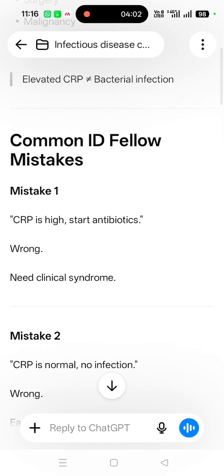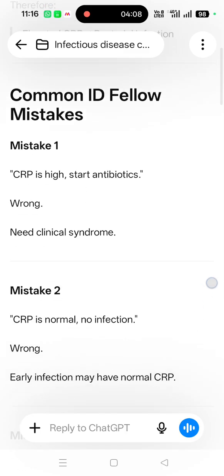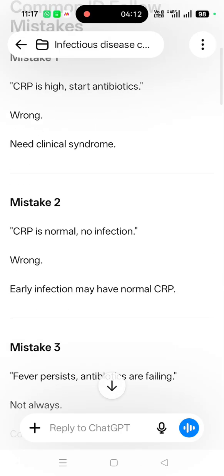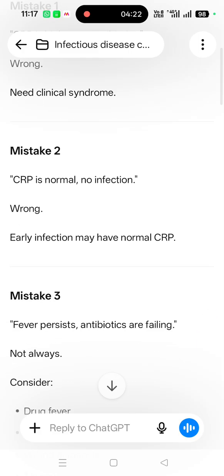So a common ID fellow mistake is: CRP is high, start antibiotic. Wrong, you need a clinical syndrome. Mistake 2 is: your CRP is normal so there is no infection. Wrong. It can be infection, and early infection may have normal CRP.